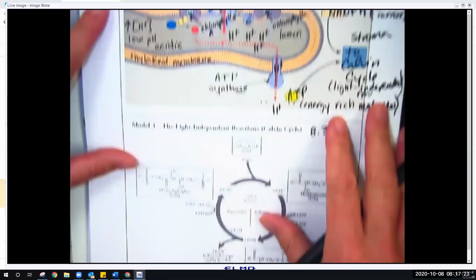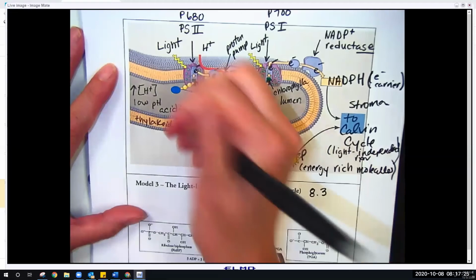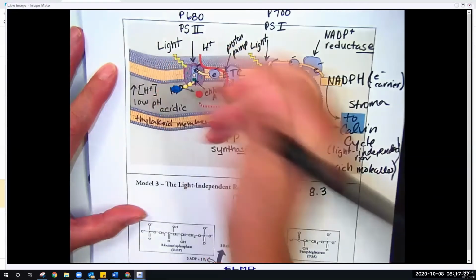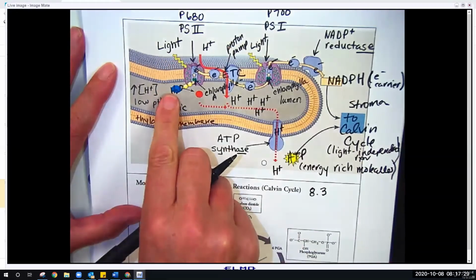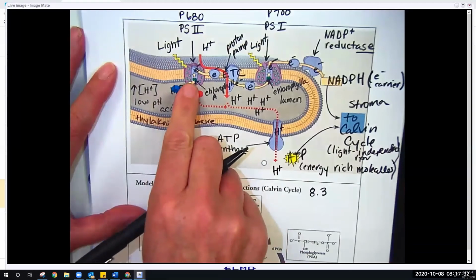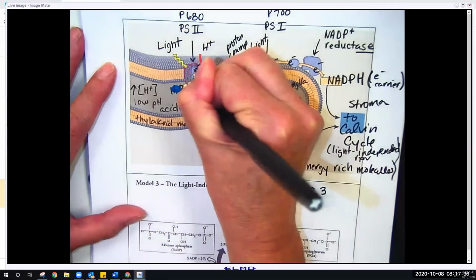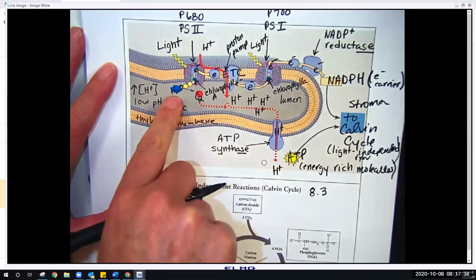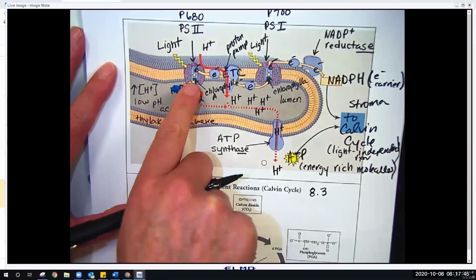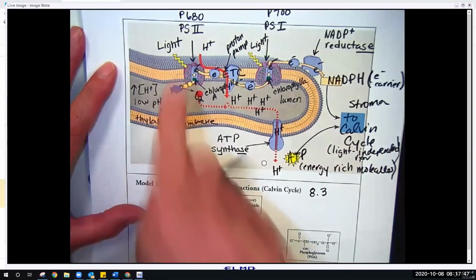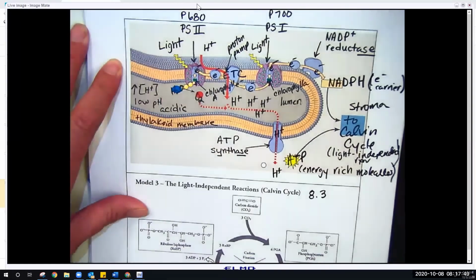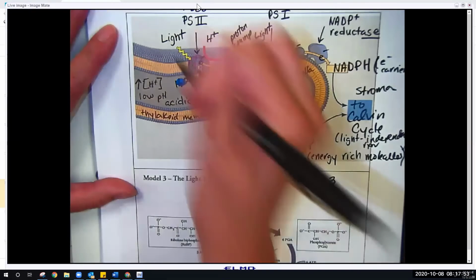So we talked about some of the inputs into the light reaction. One of those inputs was water, because water is needed to replace the hole in chlorophyll A where it's lost its electrons. So the first input of photosynthesis is water, and water is oxidized, meaning that the electrons are removed and put back onto chlorophyll A, so that the light reaction can continue.